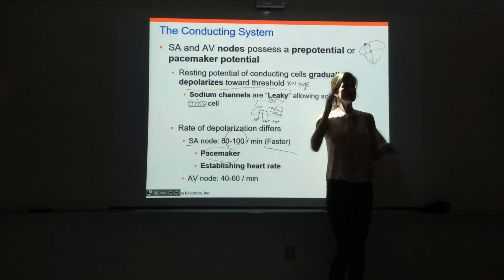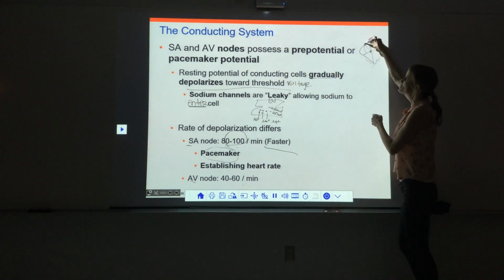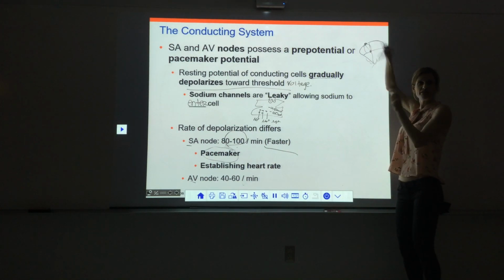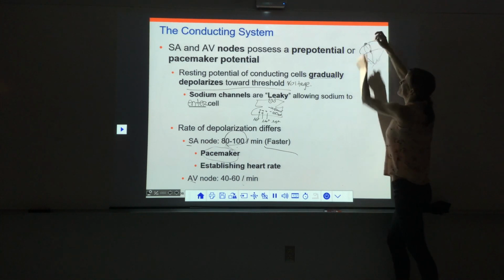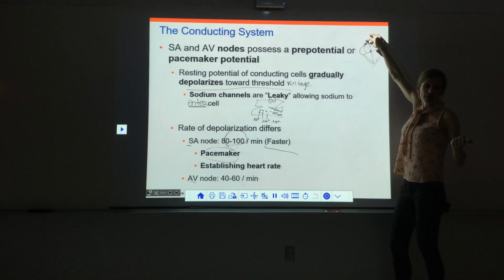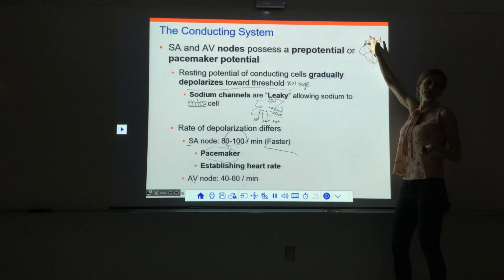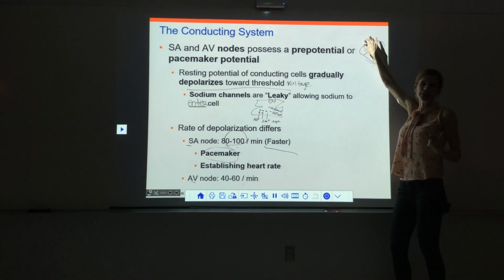It sets the pace that your heart is going to beat. Remember those gap junctions mean that when it fires, that's going to spread to everyone. So once this guy fires, everything fires. If this guy's firing at 80 times a minute, the whole heart's beating at 80 times a minute. If it fires at 100 times a minute, the whole heart's going at 100 times a minute.